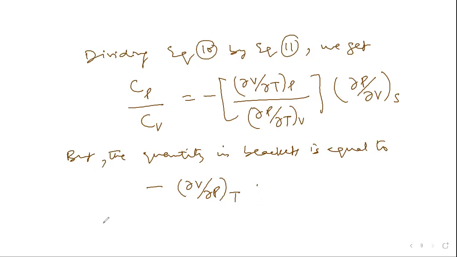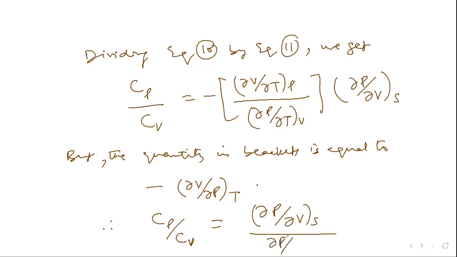Therefore, Cp by Cv can be written as dou P by dou V at constant S over dou P by dou V at constant T. Check it.